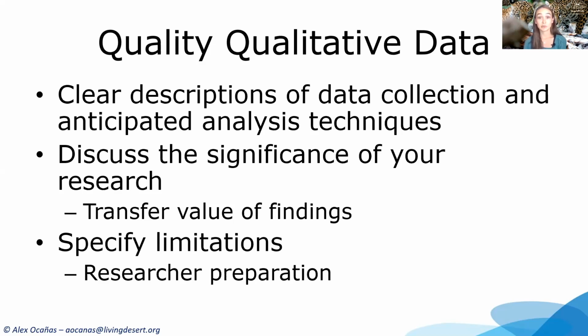And because you, the researcher, are a major tool in your data collection, you'll want to include your limitations as a researcher as well, or your preparation. So, as a researcher, you're so deeply embedded in that data collection process, especially if you're doing things like interviews. So your preparation, your behavior, your approach will influence the data that you collect.